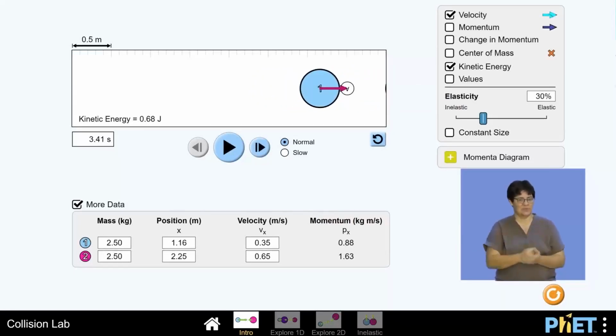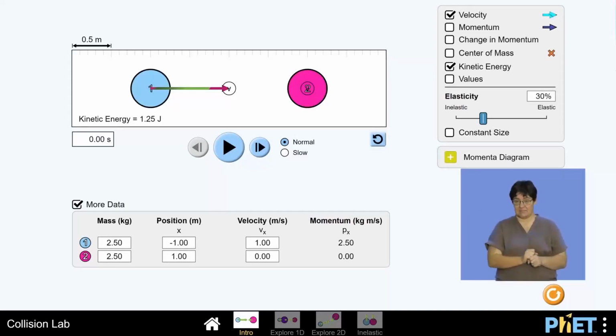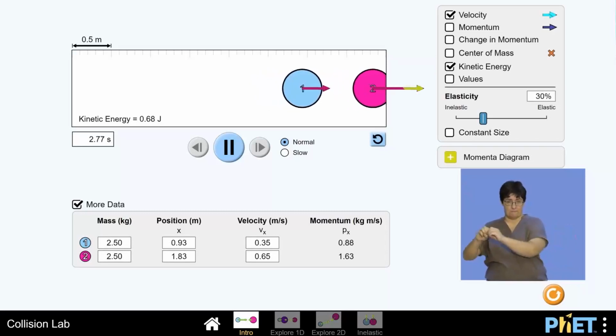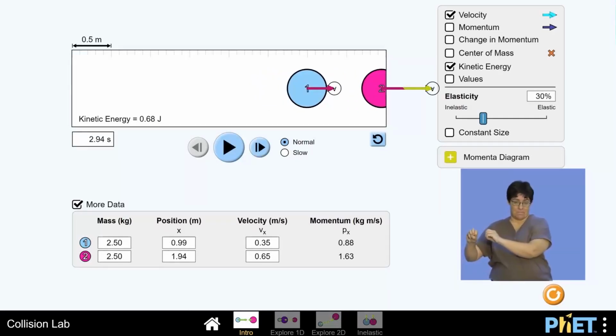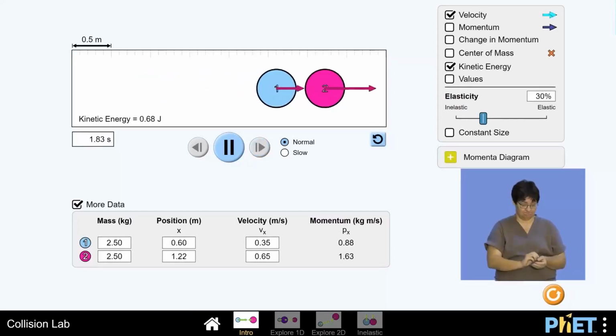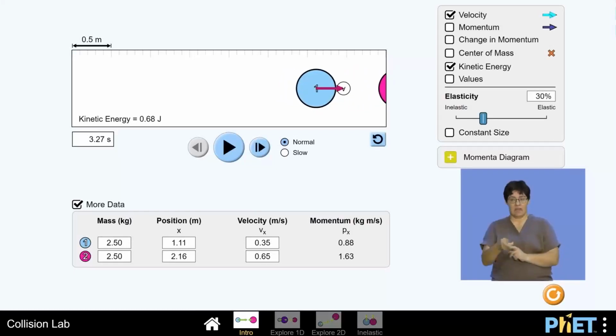Okay, watch again. We've made it an inelastic collision. Number one keeps moving now. When it was elastic, number one stopped. Now it keeps moving, which is more likely going to happen. Let's look at the kinetic energy. Before they collide, it's 1,25, the total. After they collide, it's now 0,68.